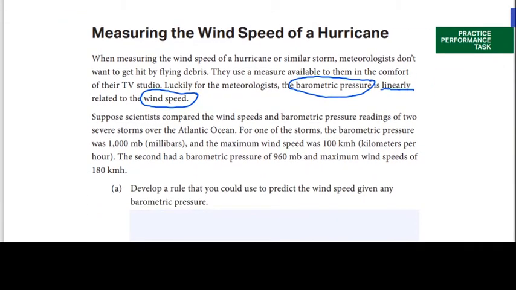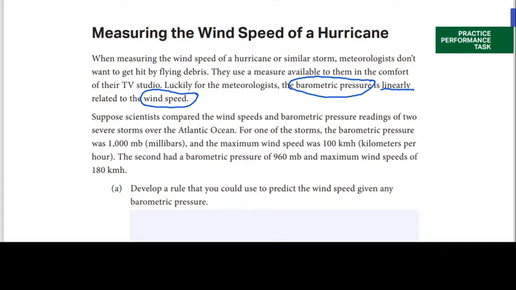Suppose scientists compared the wind speeds and barometric pressure readings of two severe storms over the Atlantic Ocean. For one of the storms, the barometric pressure was 1,000 MB, or millibars, and the maximum wind speed was 100 kmh, which is kilometers per hour.